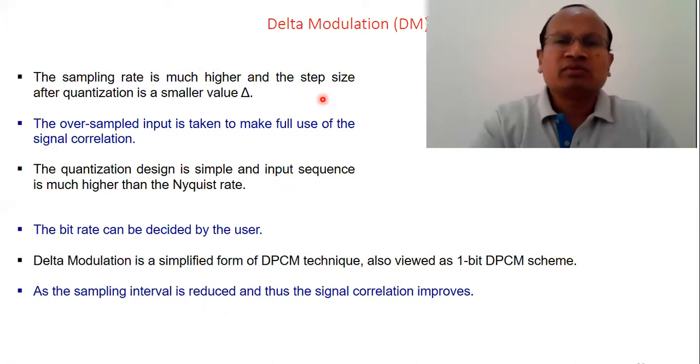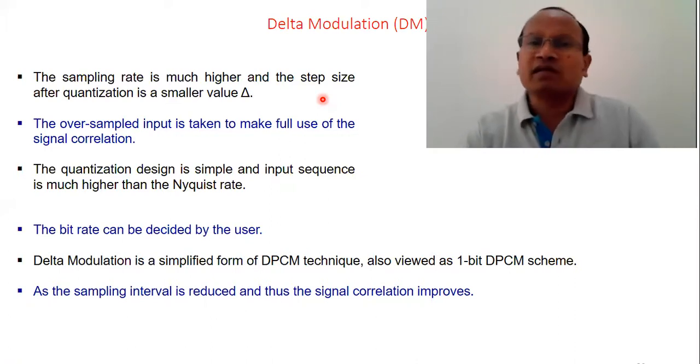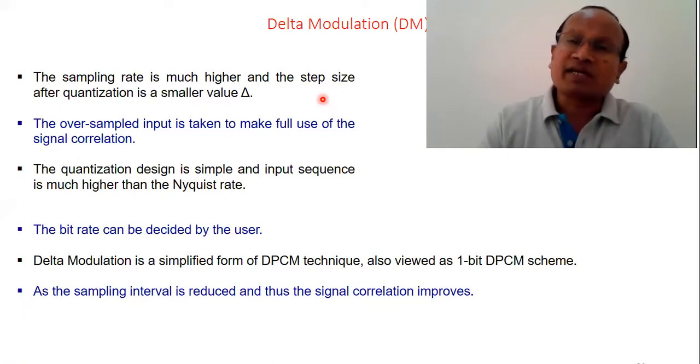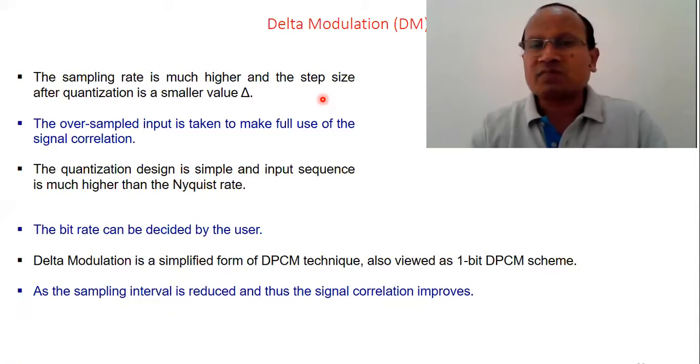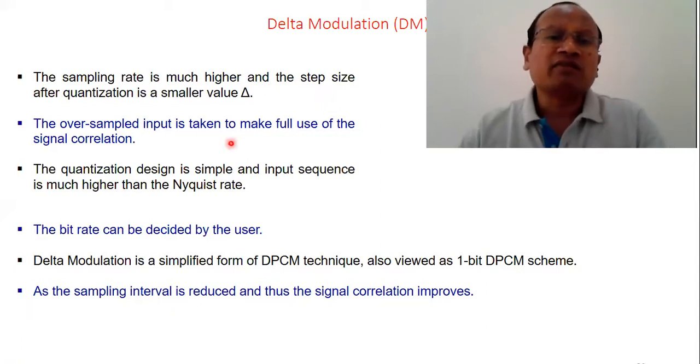So in order to handle this, the sampling rate has to be very high. So in DM, the first point is that the sampling rate is very high and the step size becomes smaller. Oversampled input is taken to make full use of signal correlation.